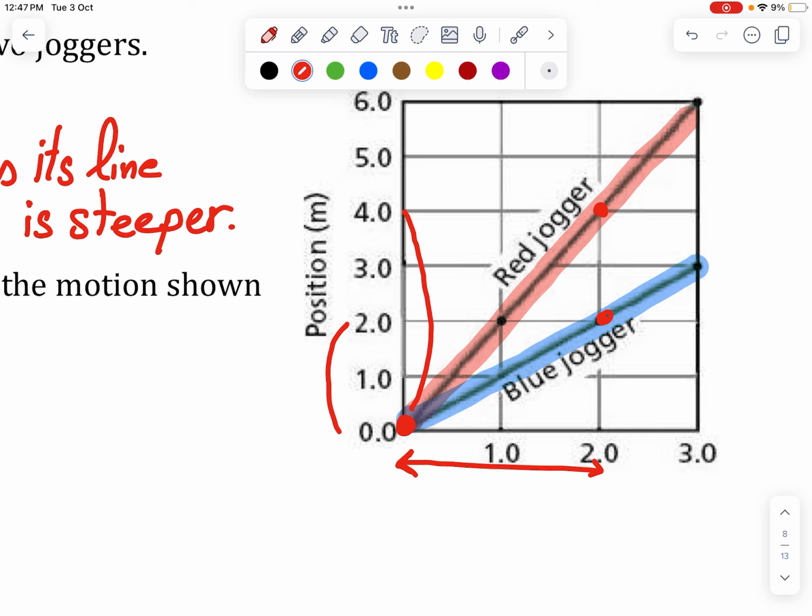So the displacement of the red jogger is bigger than the displacement of the blue jogger during the same amount of time.